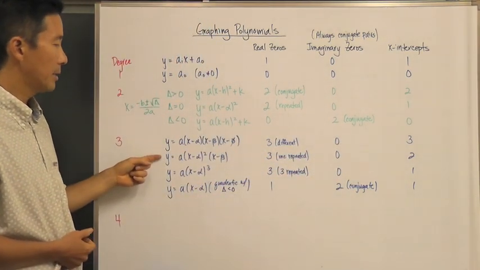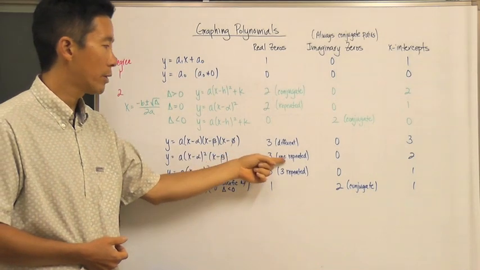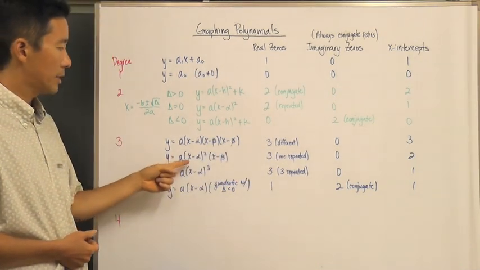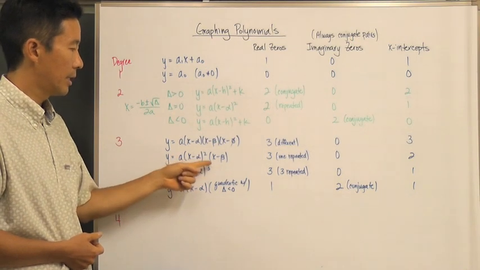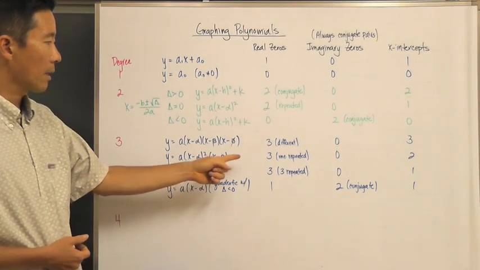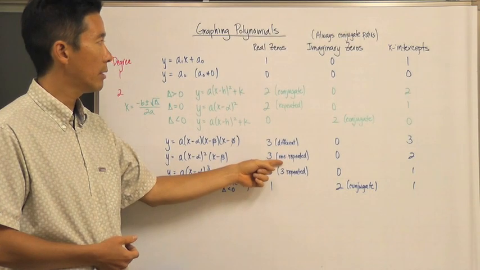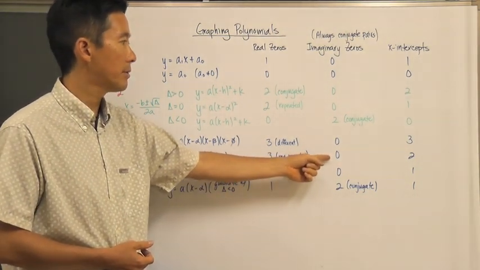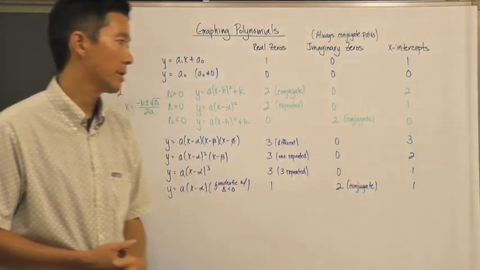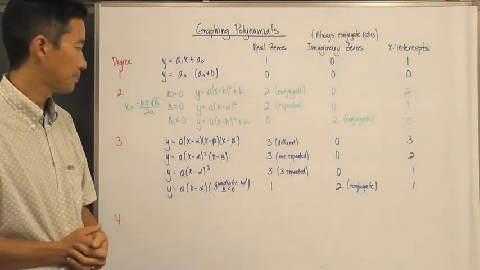Now, if we look at the 3 real zeros with 1 repeated, this is what the function will look like. It's going to have a repeated linear factor and another linear factor. So there are still 3 real roots with 1 repeated. There are still no imaginary zeros, but in this case there are only going to be 2 x-intercepts.